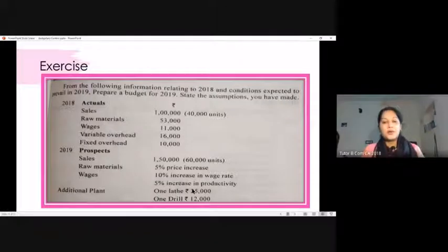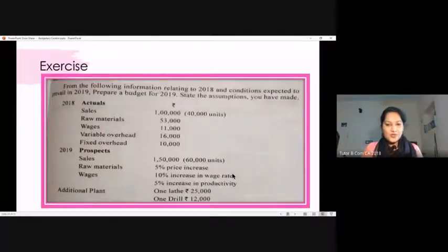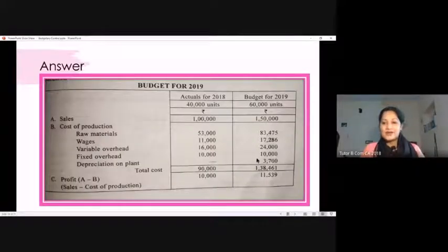So we will accommodate a depreciation of 3,700. How did I get this? It's very simple. 25,000 into 10% gives me 2,500. 12,000 into 10% gives me 1,200. So 2,500 plus 1,200, the total depreciation, will be 3,700.